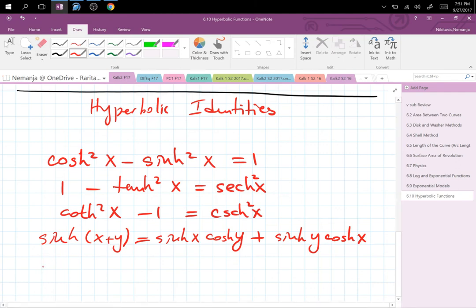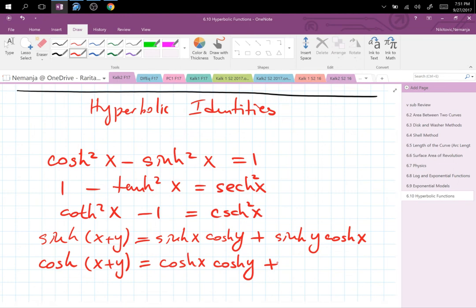But then cosine hyperbolic is going to be off. Because you don't get to change the sign. So it's going to be cosine hyperbolic x, cosine hyperbolic y. That looks the same. And then you put plus. For trig, it was a minus. For cosine, you had to switch the sign. Well, in this case, the formula looks the same.